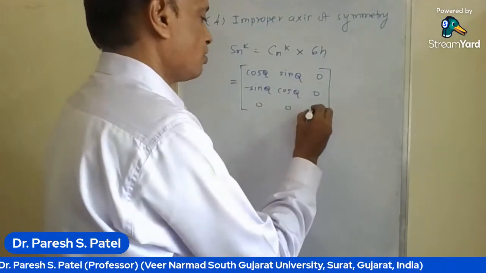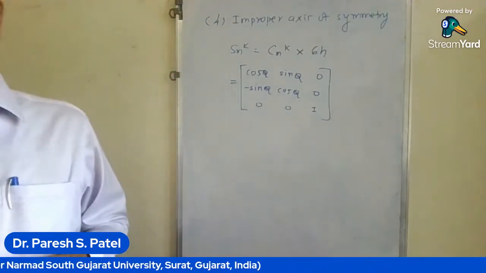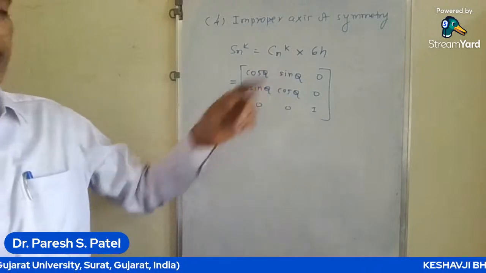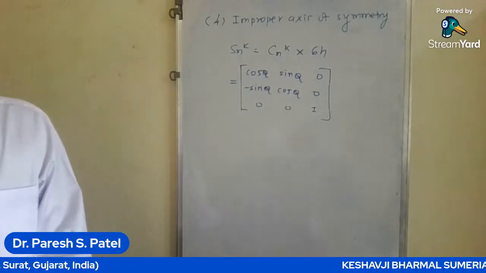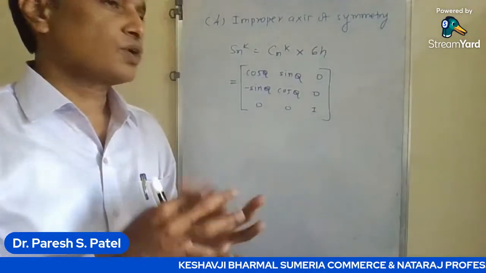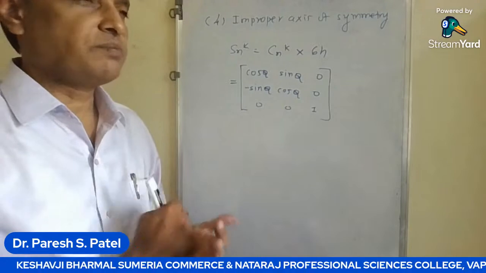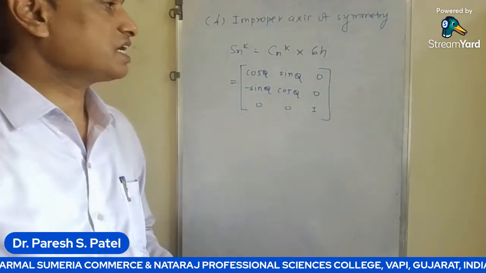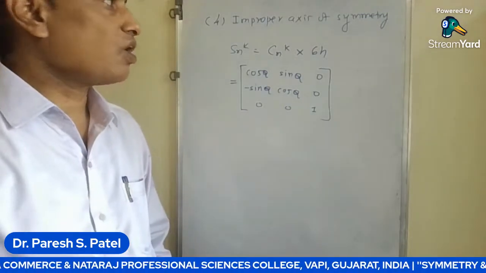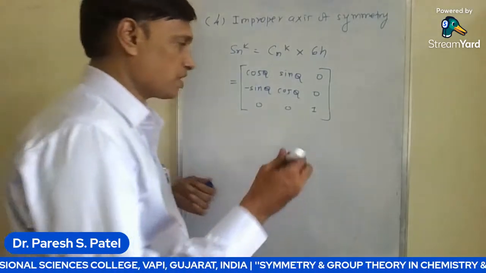Now in case of sigma h, this is the horizontal plane to the main principal axis, and we can consider the main principal axis as the z axis. It means this plane should be the sigma xy plane.